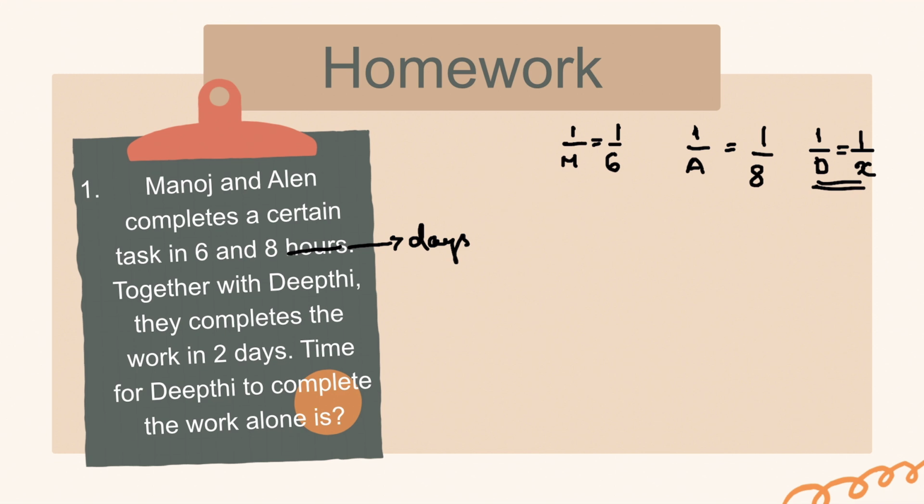So together, 1 by m plus 1 by a plus 1 by d, which is equal to 1 by 6 plus 1 by 8 plus 1 by x. I am just writing it down. Interestingly, this reads as mad.